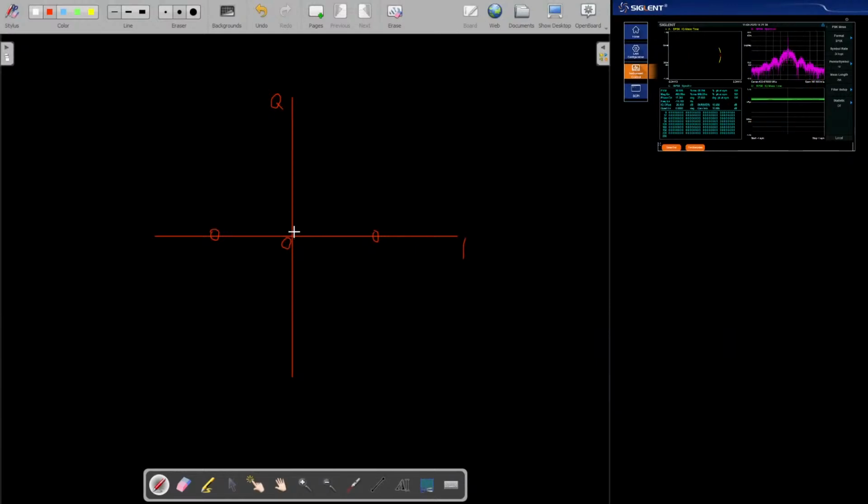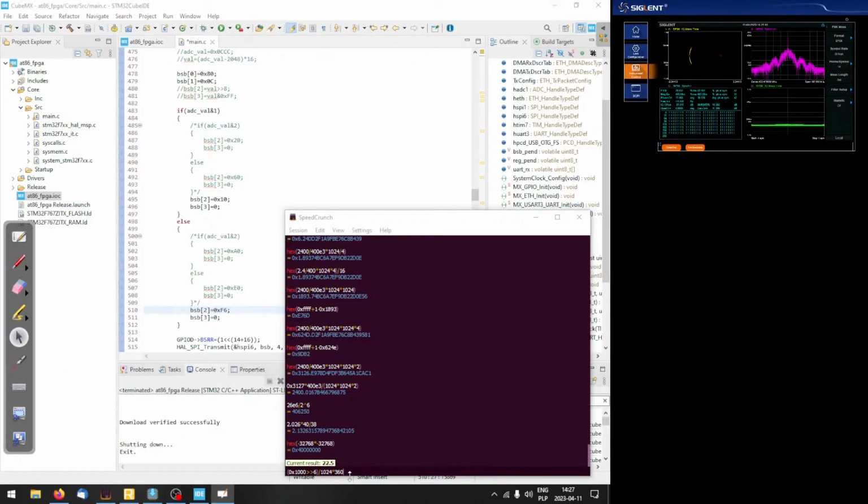So it's, let me try and draw it. I suspect it's going to be somewhere like this place. And the other point is, let's copy this and let's see.